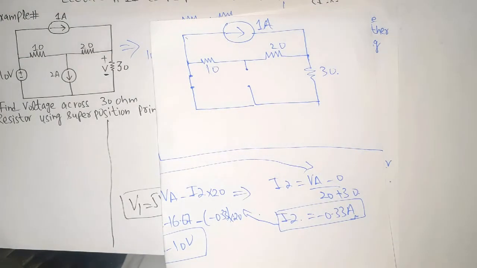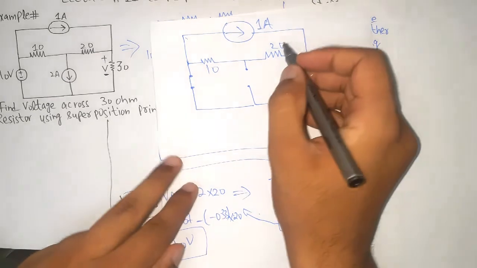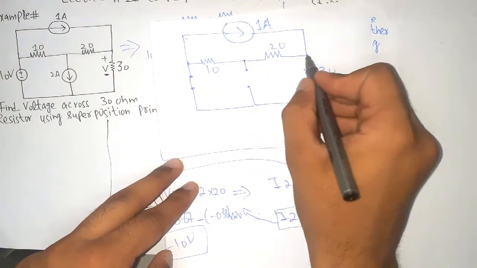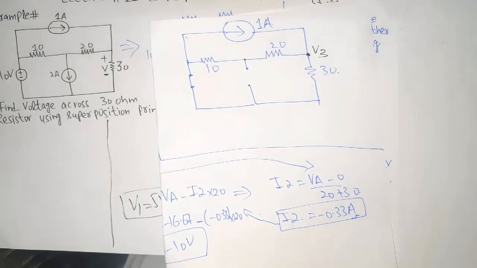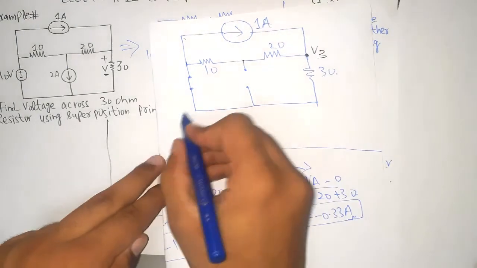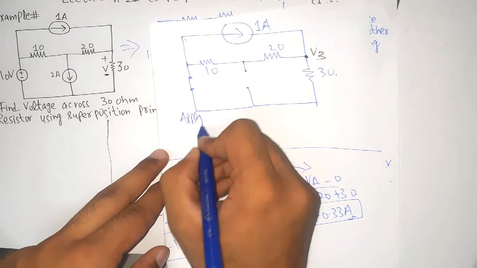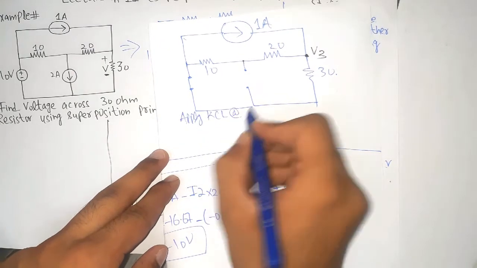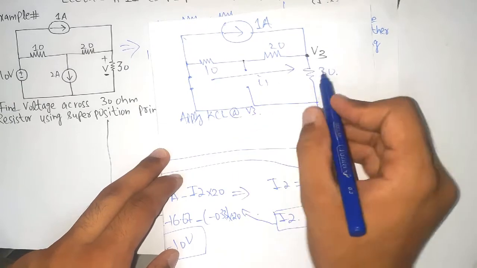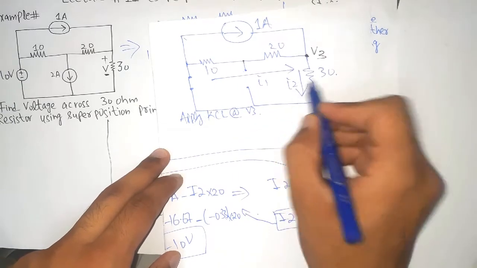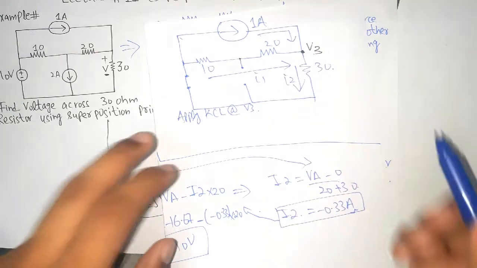So we'll apply KCL at this node, which we named V3. Apply KCL at V3. We'll name the current directions I1, I2, and here it will be 1 ampere.